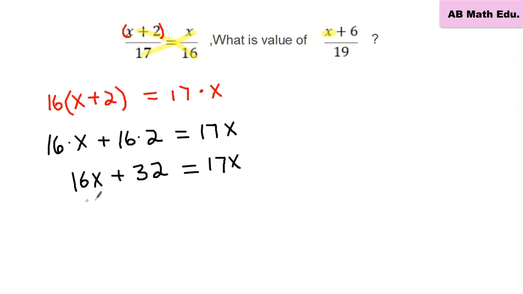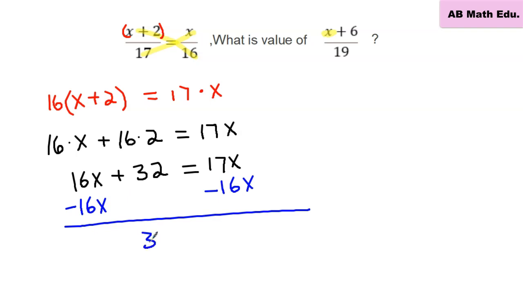We want to solve for x. We have x here, we have x here, so let's make this one 0. So we will subtract 16x here. Whatever we do here, we do the same thing here. It's gone. 32 is left. 17x minus 16x gives us 1x.